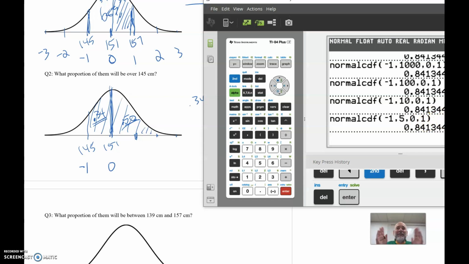3 standard deviations from the mean in either direction gets you nearly all the data. And this thing is so low. When you go to 4 and 5 standard deviations above the mean, there are tiny amounts of stuff there. And so generally people go up to 10 standard deviations above the mean. They leave it at that.